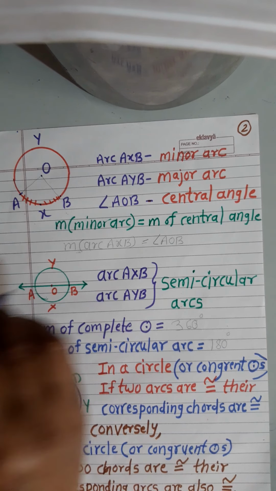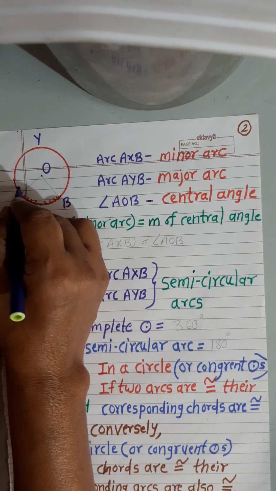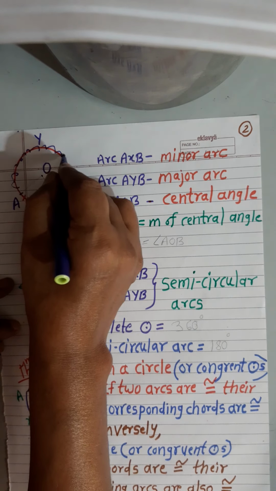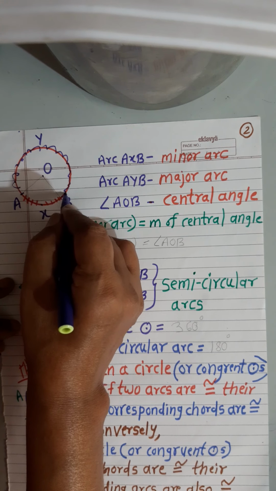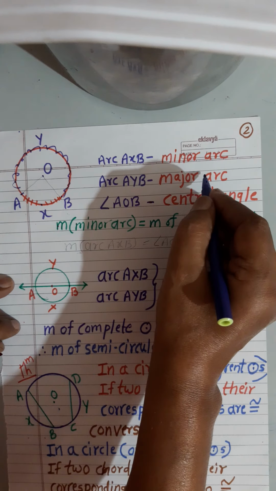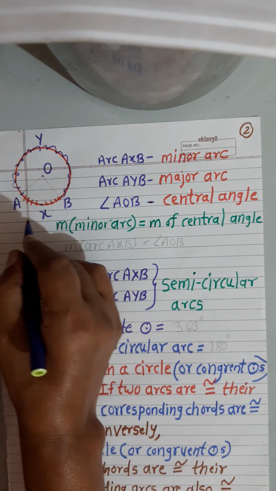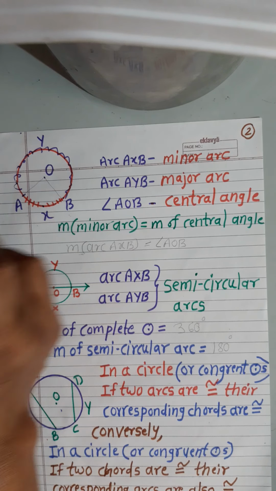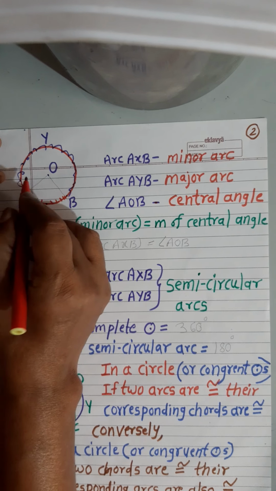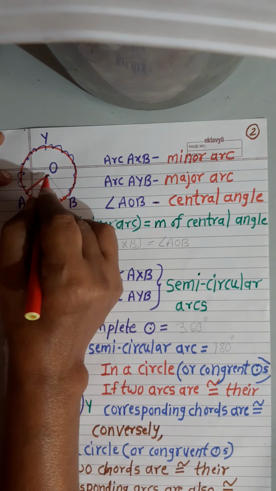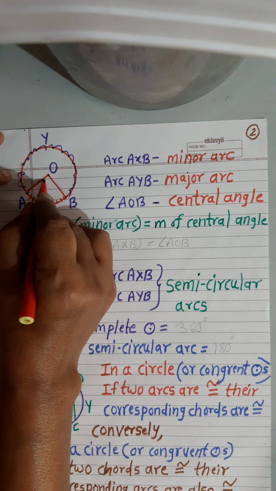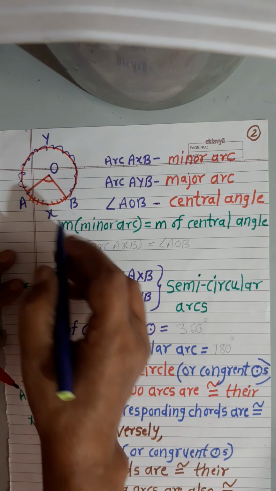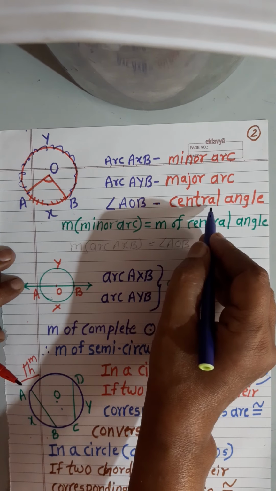And arc AYB, this one, is bigger in size, and therefore it is called a major arc. Now if we join points A and B to the center, then angle AOB is called the central angle.